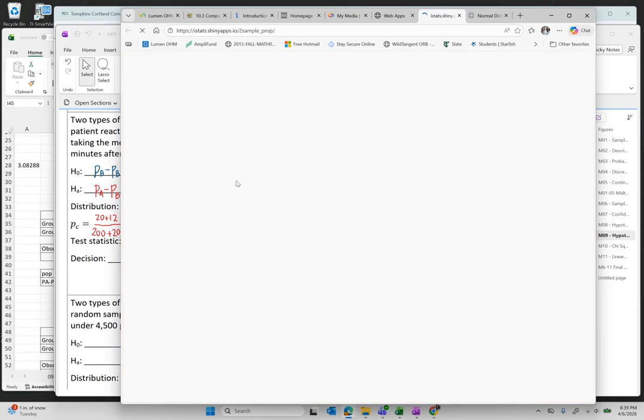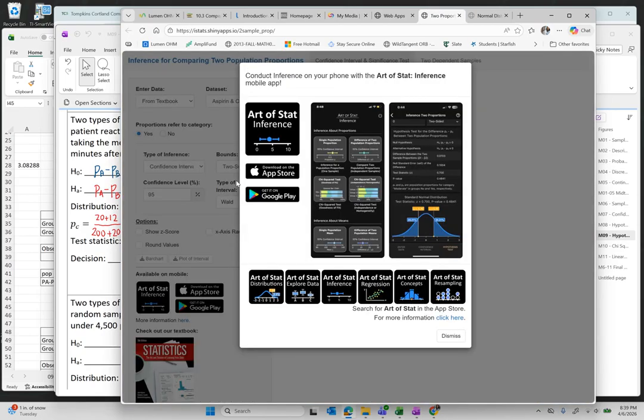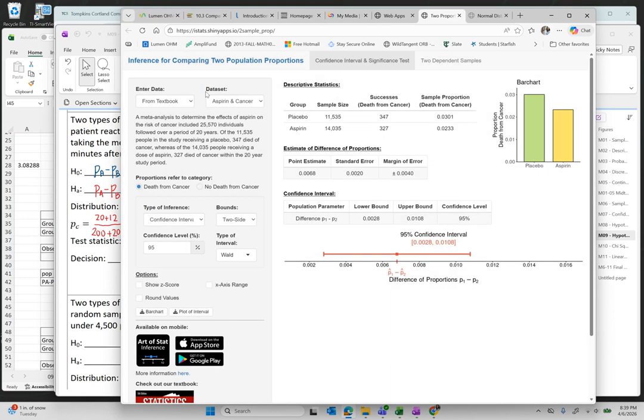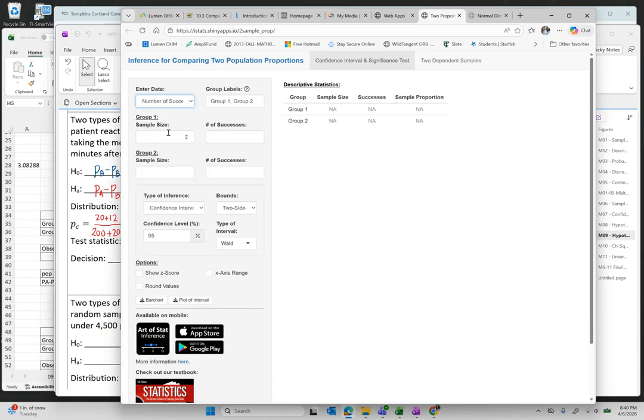So I'm going to click on compare two proportions, and I will enter data with the number of successes. I'm going to leave them as group 1 and group 2. 1 will be the medication A and 2 will be the medication B. I can also call it group A and group B, so I can edit these names.